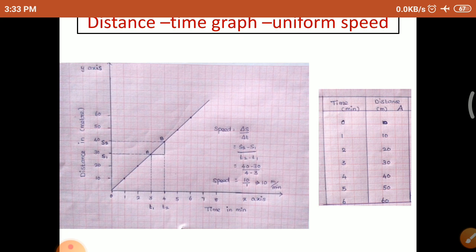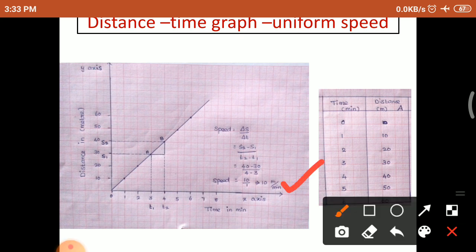You have to choose any 2 points on the line, then draw perpendicular lines, then take the values and substitute them. Finally you will get the speed value. From this we can say that this object covers equal distance in equal intervals of time, so we get uniform speed.